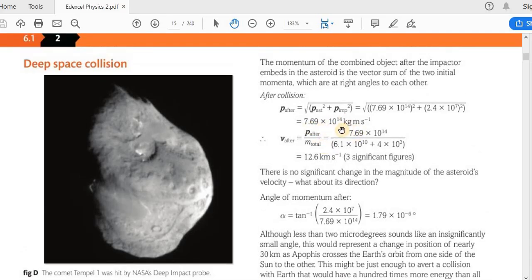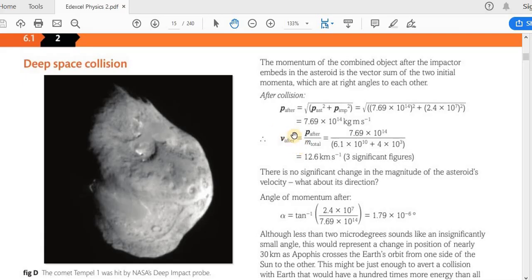Okay, so after you find this, now you know the momentum before impact is equal to the momentum after impact. So you have that, and the velocity after impact times the mass after impact. Mass is the total mass, so you can find the velocity.